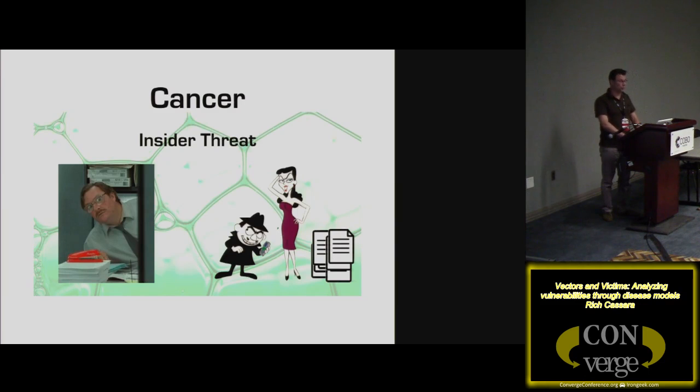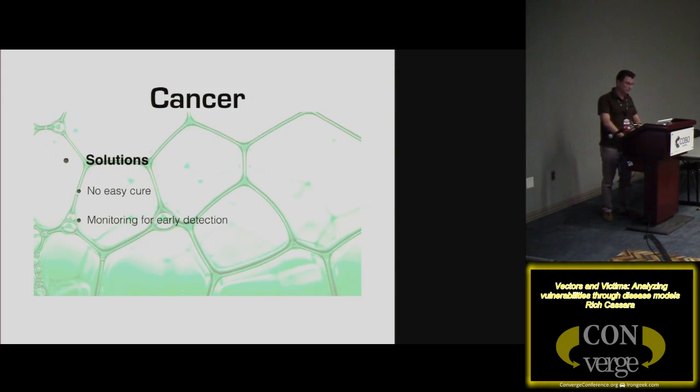Similar to cancer, the longer it is undetected and allowed to grow, the worse the outlook is for the person. So just like cancer, there is no easy cure for an insider threat. We can screen personnel, we can monitor them, but there's always a risk that people are always the weakest link in an organization, and somebody could fall.